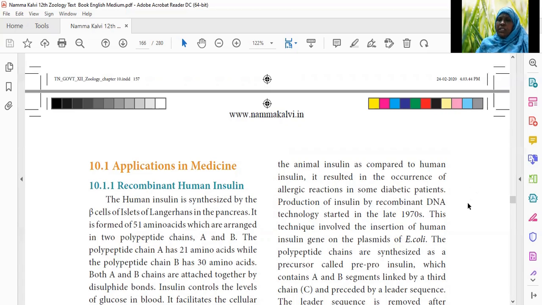Later, in the year 1970, insulin was produced by recombinant DNA technique. We'll discuss how this recombinant DNA technology was useful to produce insulin from human beings themselves.